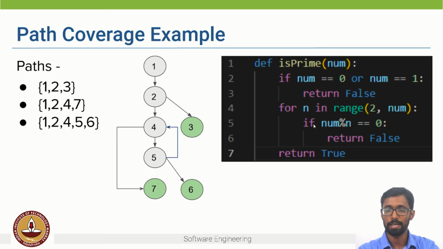At line number 5, the condition evaluates to true, and we exit the function. And another path is 1, 2, 4, 5, where we then go back to 4, and this can happen multiple times. We iterate through this loop multiple times, and then we come out at 7. So these are the paths which we determined from this control flow graph.